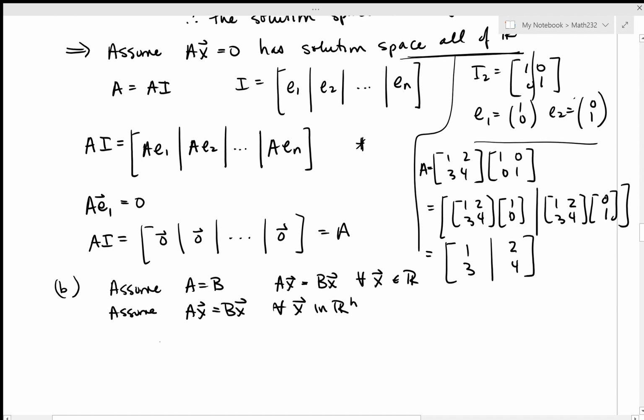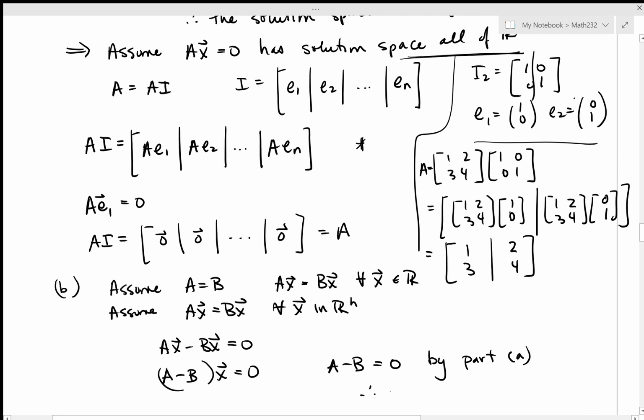We go like this: AX minus BX equals 0, and that implies, let's just go like this, A minus B times X is equal to 0, and then that means that A minus B is equal to 0 by part A, and therefore A equals B. And we're done. Okay, so that is in our book, theorem 3.4.4.